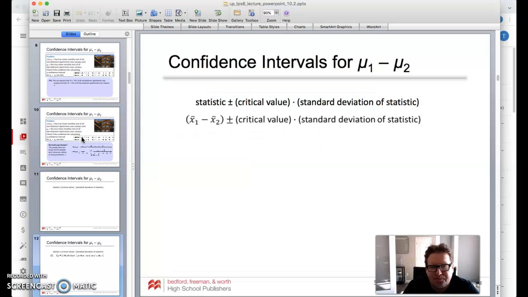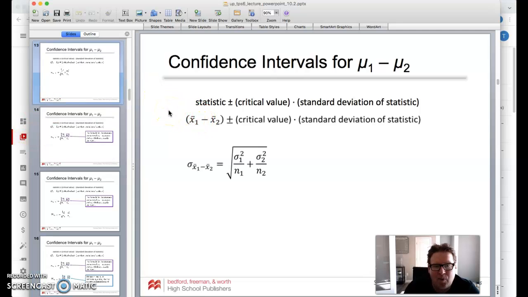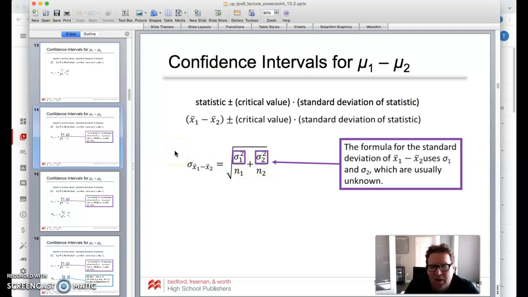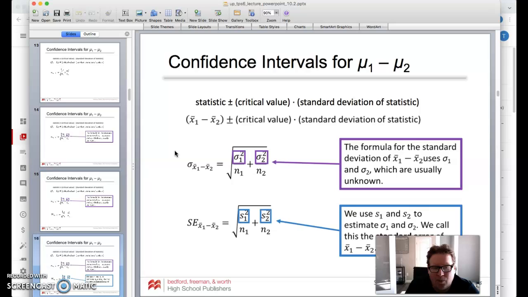So remember, to find that confidence interval, we're going to have to take the difference of those sample means. And then remember in our packet, we have to find the standard error using the standard deviations. And again, remember it's plus. It's always plus in there. We use sigma 1 and sigma 2, which are usually unknown, so we use the sample standard deviations to get standard errors.